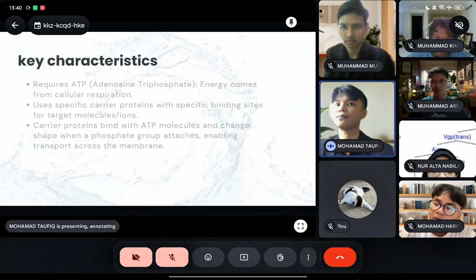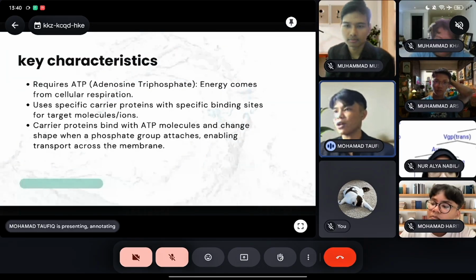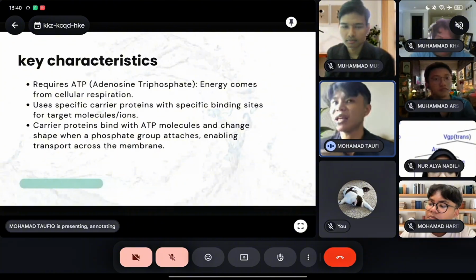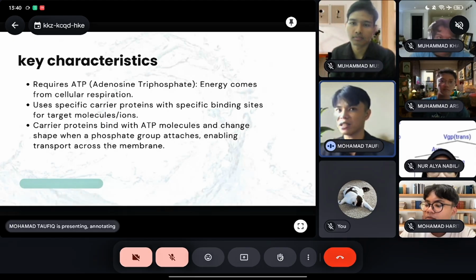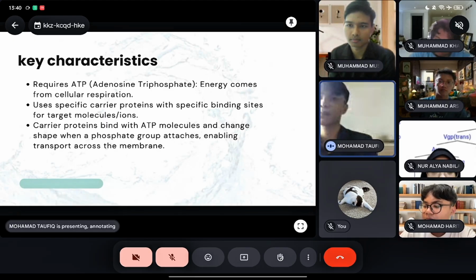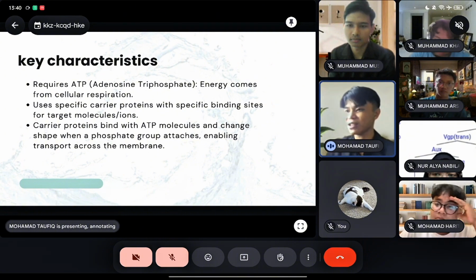Now, let me explain. The key characteristic of this transport is that it requires ATP. ATP is adenosine triphosphate, which means the energy comes from cellular respiration. Imagine that your body uses cellular respiration. The product is ATP.